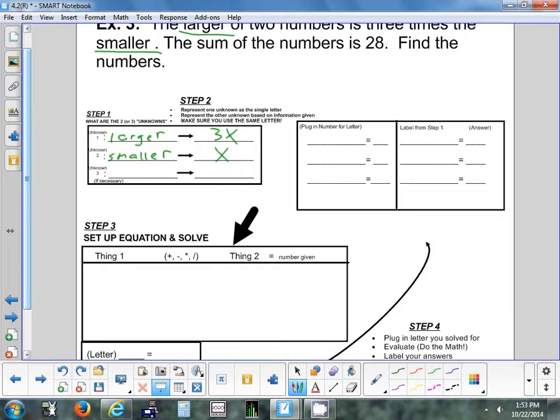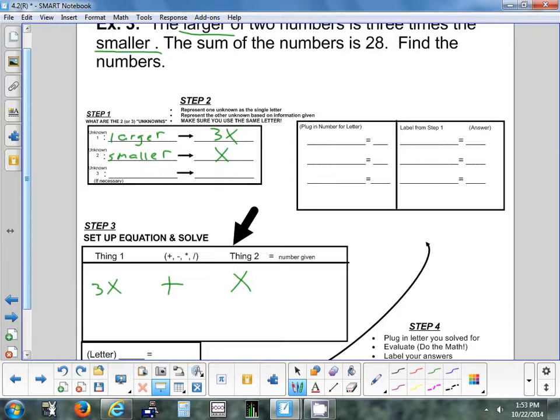So now, as Mr. Roy said before, first thing we do in this big box, copy down your 2 things. Larger, smaller, and now we have to figure out how we're combining them. How do we know it's plus? It says the sum of the 2 things, so we're adding.